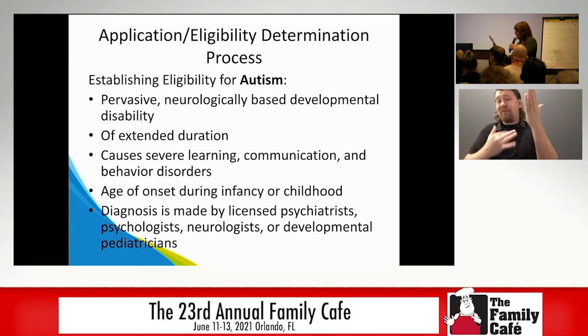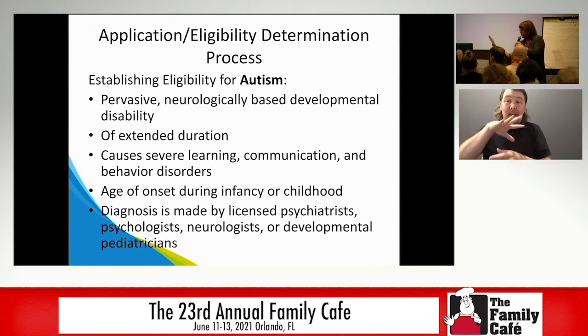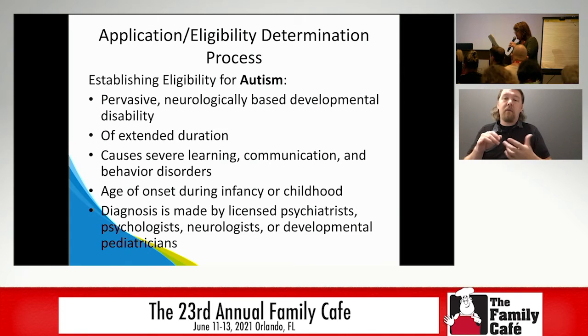There's more. But also, the other thing that we would be looking at is severe behavior disorders, which are restricted, repetitive, and stereotyped patterns of behavior, interests, and activities, which may include apparently inflexible adherence to specific non-functional routines or rituals, stereotyped and repetitive motor mannerisms, and persistent preoccupation with parts of objects.